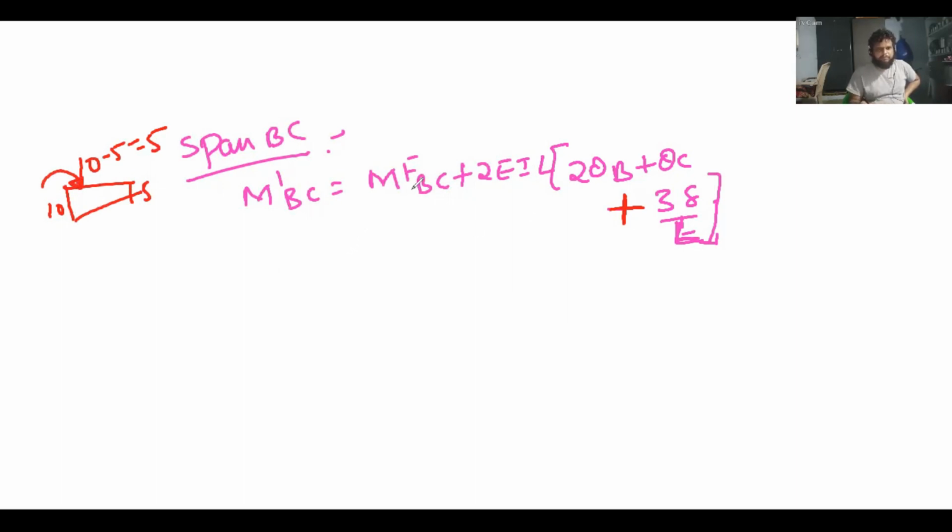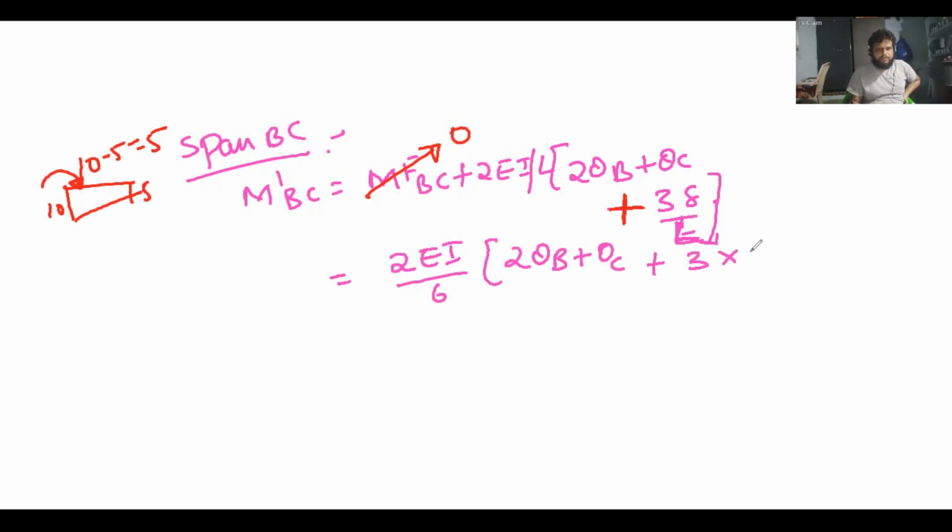Next, MFBC is 0, as you know. If MFBC is 0, this is 2EI by L. So 2EI by 6 again into 2 theta B plus theta C plus 3 into, now here it is 5, this is total 5 now.